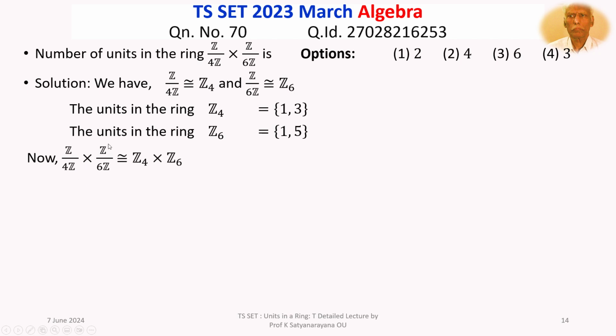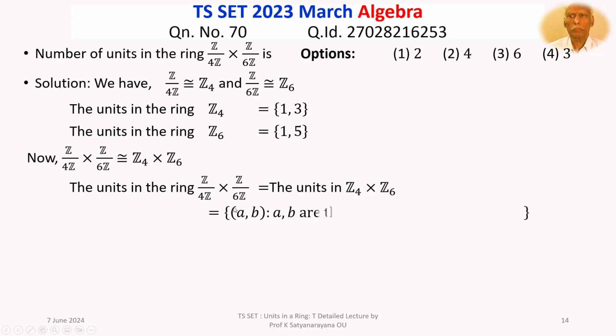Now take the direct product, isomorphic to Z4 cross Z6. And the units in the ring Z/4Z cross Z/6Z are the units in Z4 cross Z6, the set of all those ordered pairs (a, b), where a is a unit in Z4 and b is a unit in Z6. Write down.